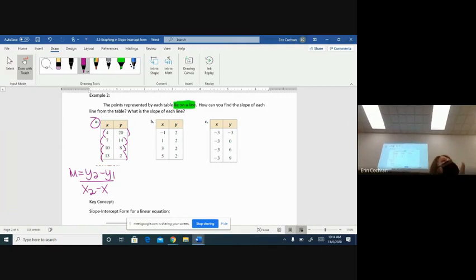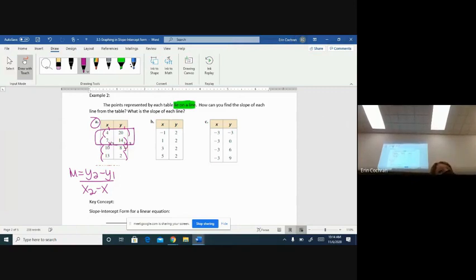But to find the slope, I only need how many points? 2. So can you pick any 2 of those points? Yeah, which 2 do you want to choose? All right, I'm just going to choose the first 2. Is that okay? I'm going to make the first point x1, y1, and the second point x2, y2.